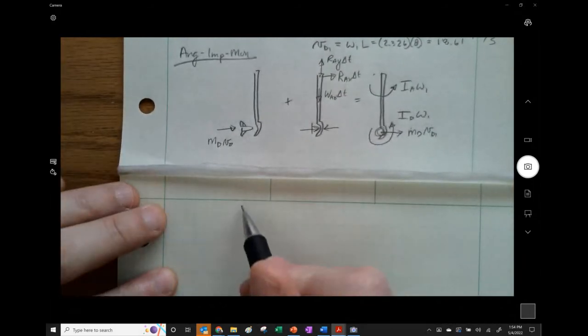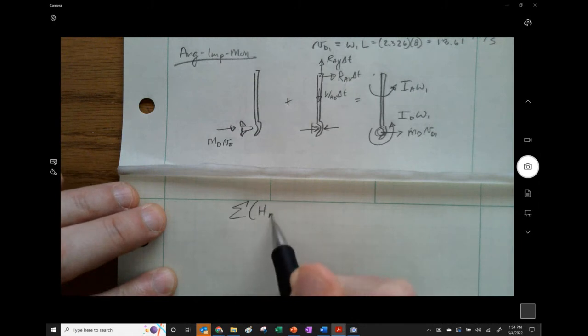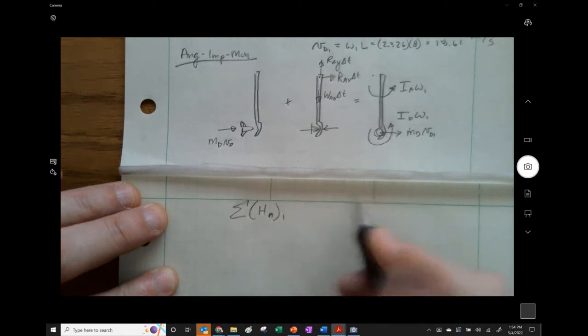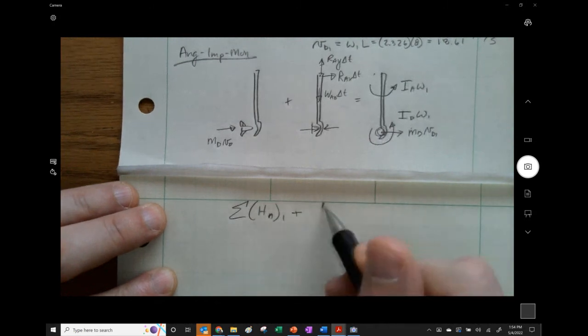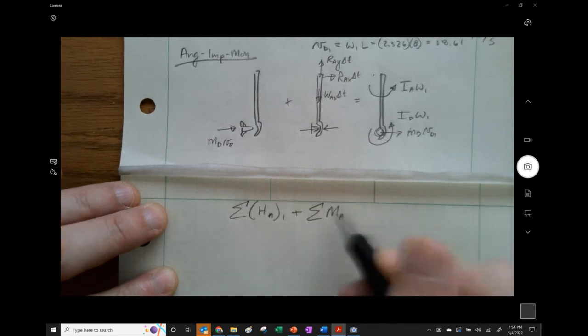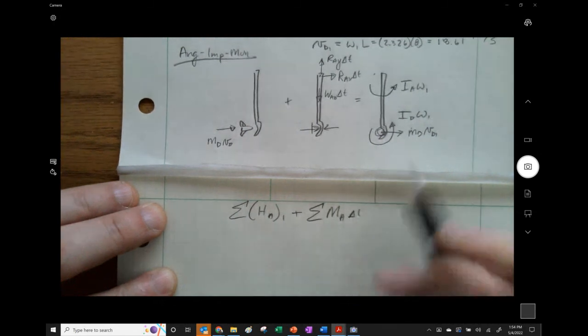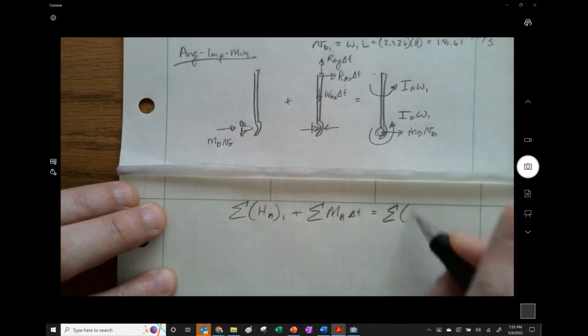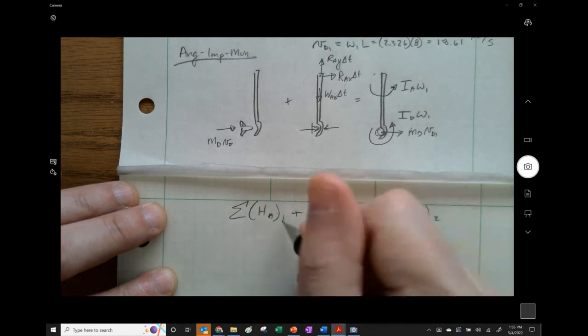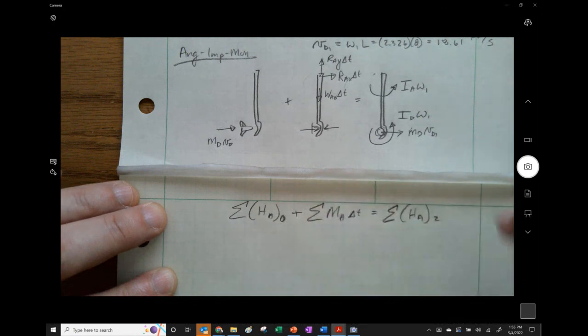And so we take the sum of the angular momentums about A. This is a conservation of angular momentum, so we don't necessarily have to do this right here to show it. Actually, I probably should call this 0 and 1 if I was going to be consistent, right?